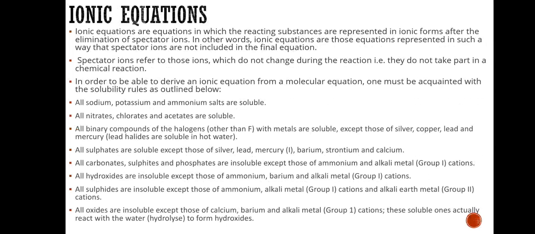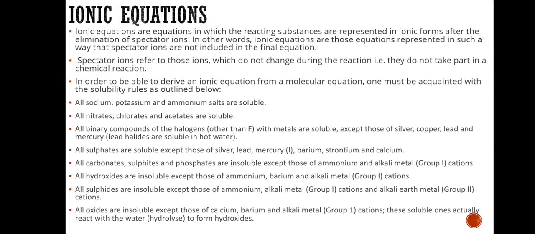The second is that all nitrates, chlorates and acetates are also soluble. All binary compounds of halogens other than F with metals are soluble except those of silver, copper, lead and mercury. These halides are soluble in hot water. The other is that all sulfates are soluble except those of silver, lead, mercury, barium, strontium and calcium.